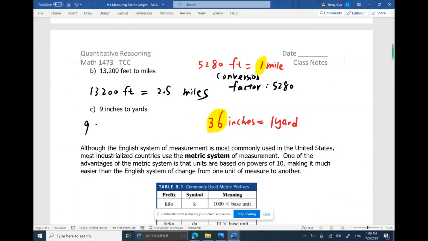So 9 inches should be equal to 9 divided by 36, because yard is a bigger unit. If you multiply 9 by 36, you get a large number. It doesn't make sense. You have to divide 9 by 36, and that gives you a quarter, right? 9 over 36 is 1 over 4, which is 0.25 yards.